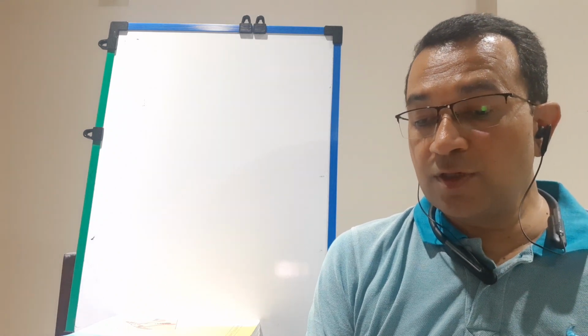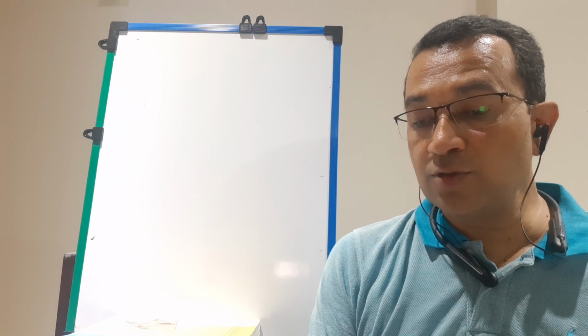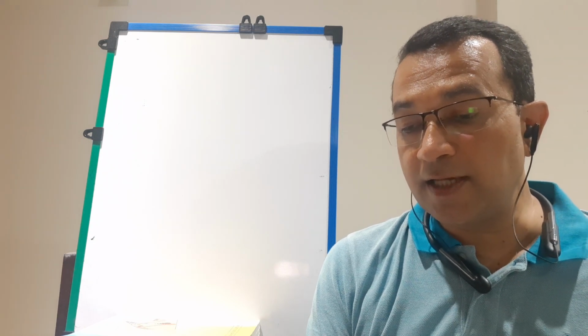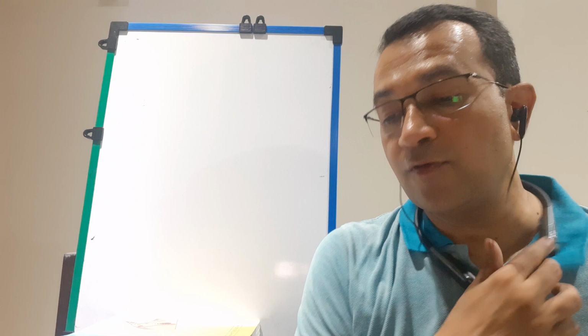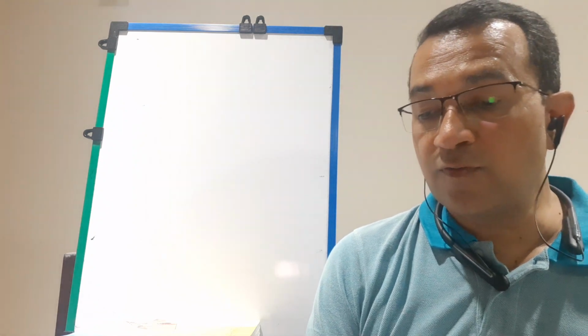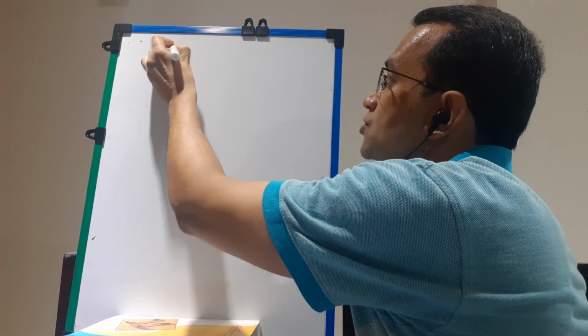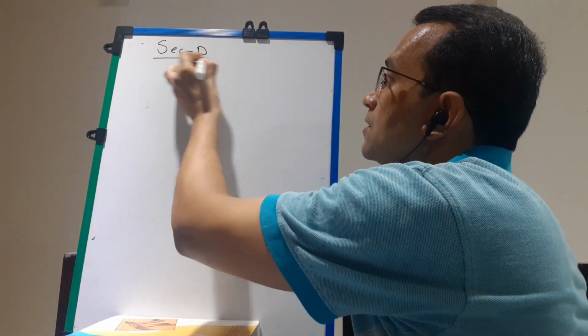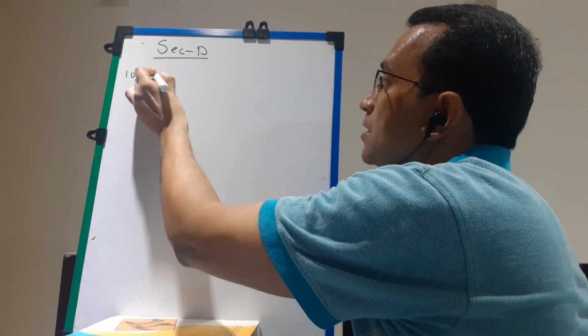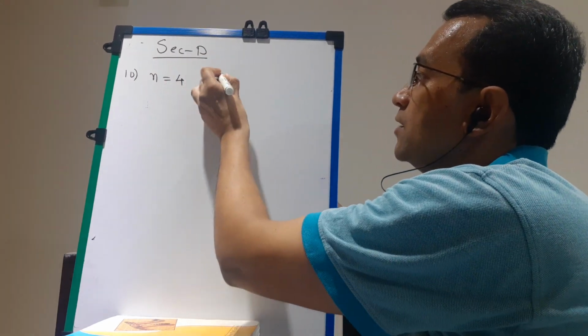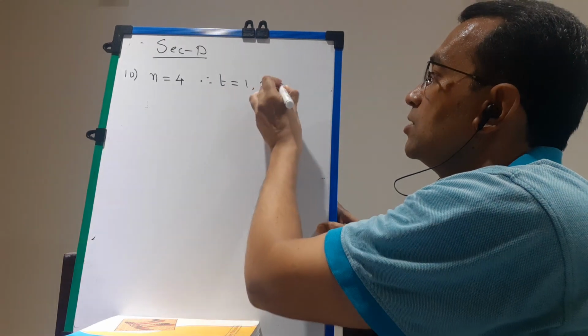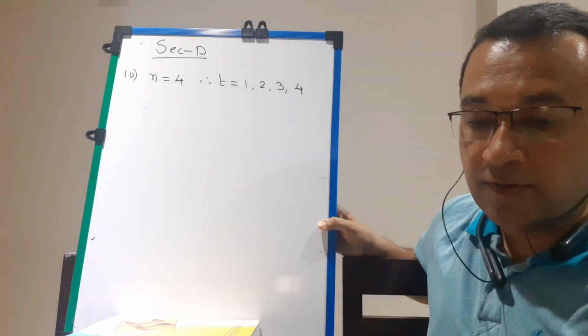Here n is equal to 4, sigma y is equal to 270 and sigma ty is given as 734. So n is equal to 4 means we have time period as 1, 2, 3 and 4. N is equal to 4, therefore t is equal to 1, 2, 3 and 4.